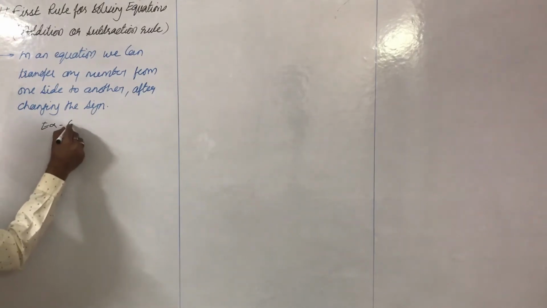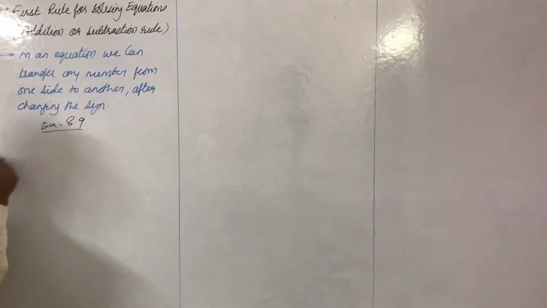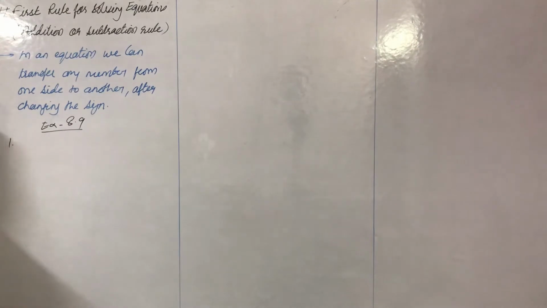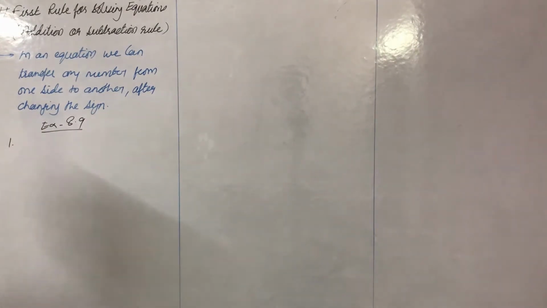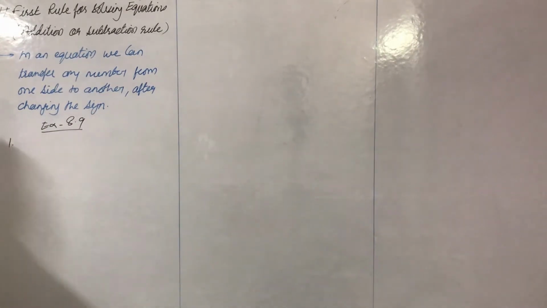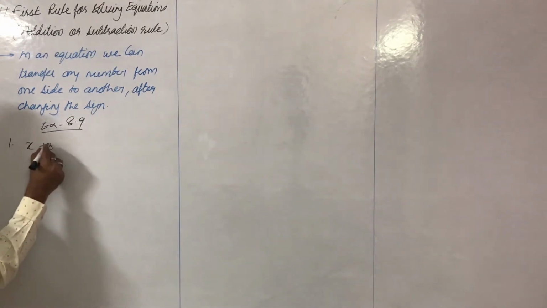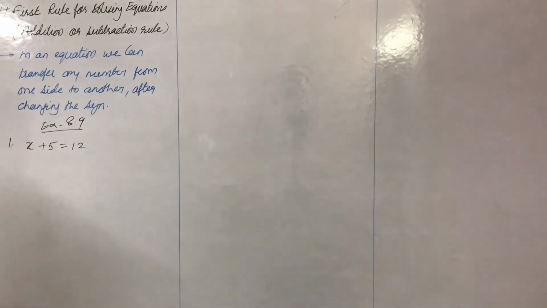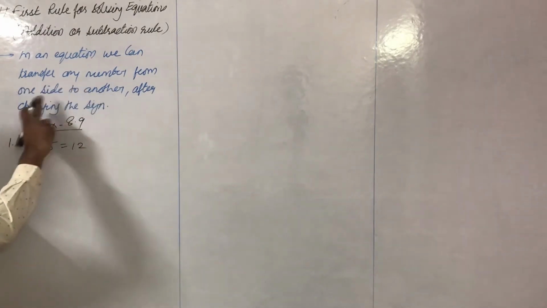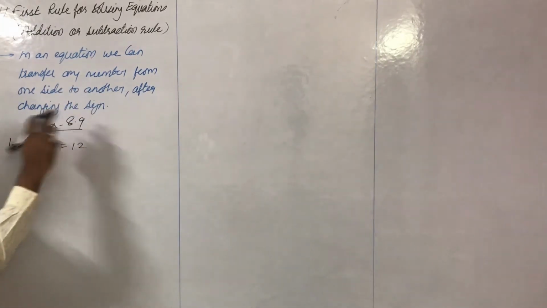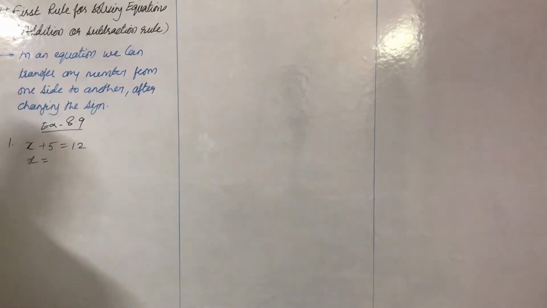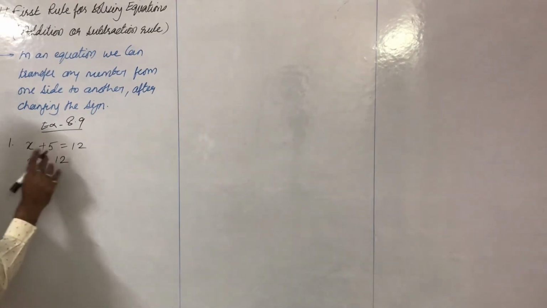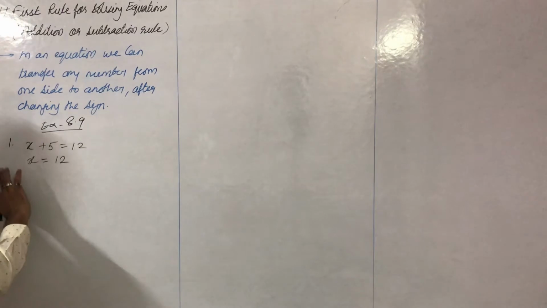Exercise 8.9. First question, solve each of these equations and check your answers. x plus 5 equals 12, and as per the rule we transfer the number from one side to another after changing the sign. We want the value of x, so we change the place of 5 from left to right.